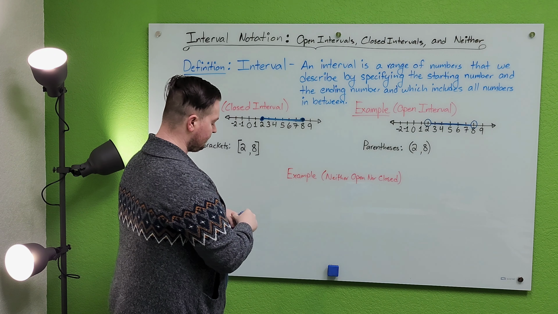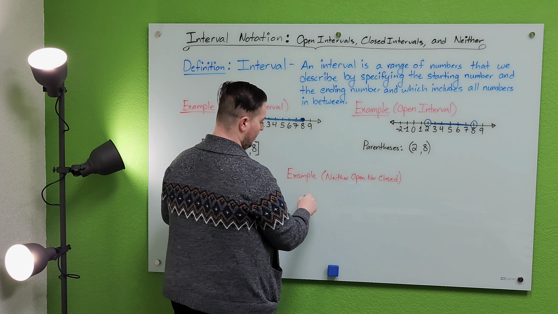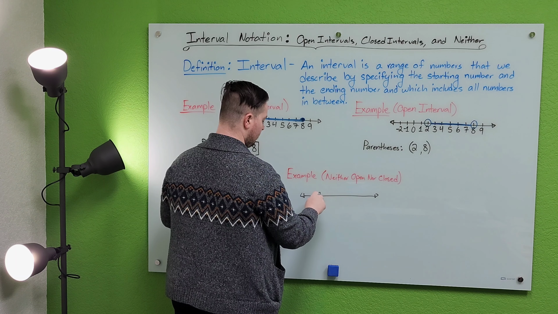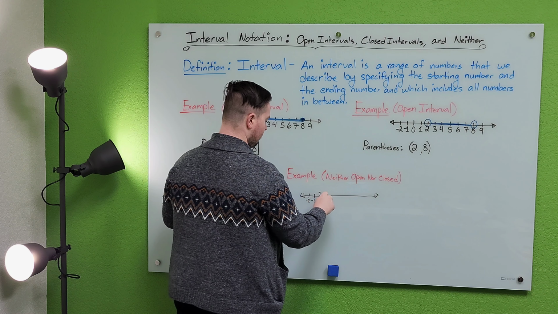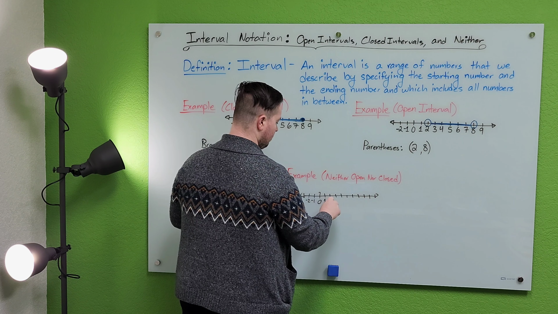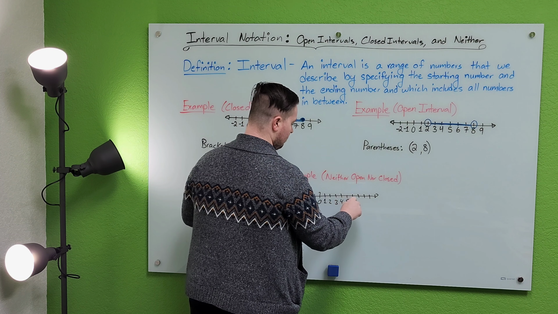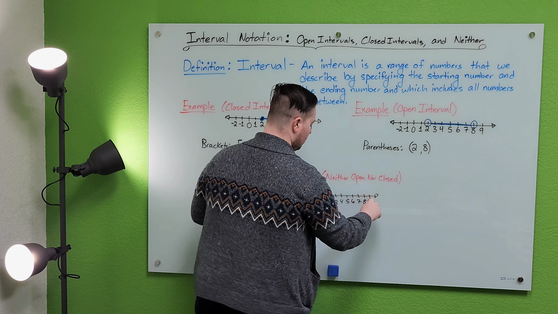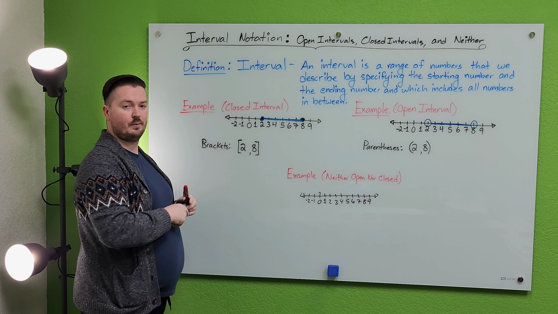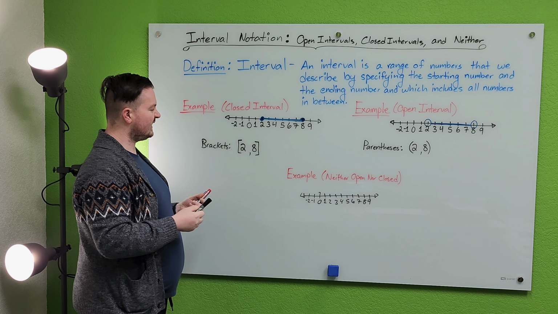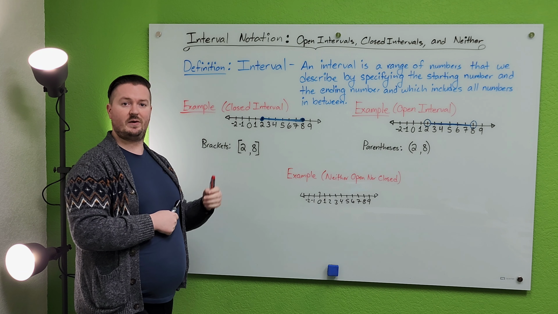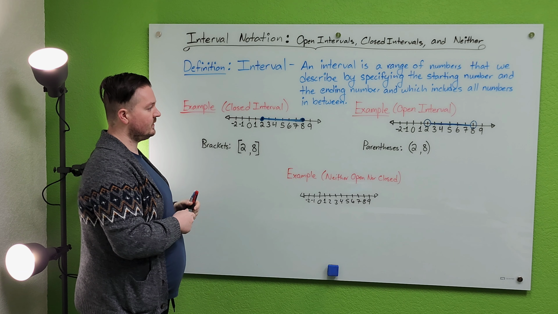So here, if we draw a number line, we can discuss an interval similar to both of these, but one where we do include the number 2. We're starting at 2 and we include 2 in our group of numbers.